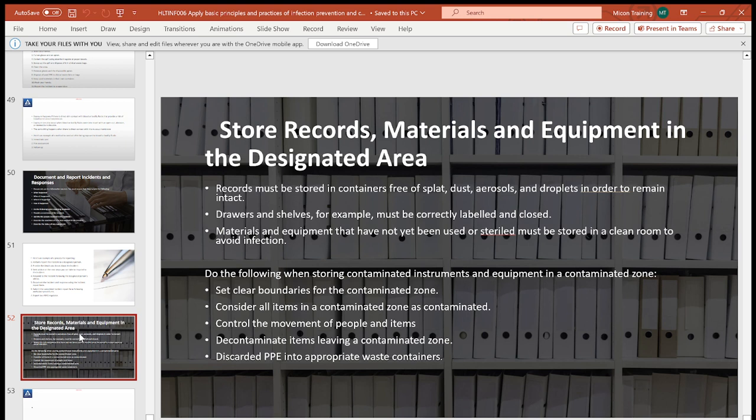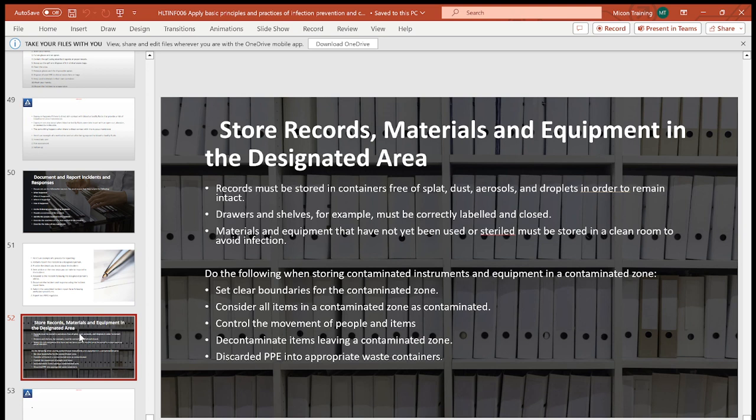Do the following when storing contaminated instruments and equipment in a contaminated zone. If we have already used equipment and we understand it is contaminated, we should set clear boundaries for this contaminated zone. Consider all items in a contaminated zone as contaminated, and control the movement of people and items that are exposed to this particular area.